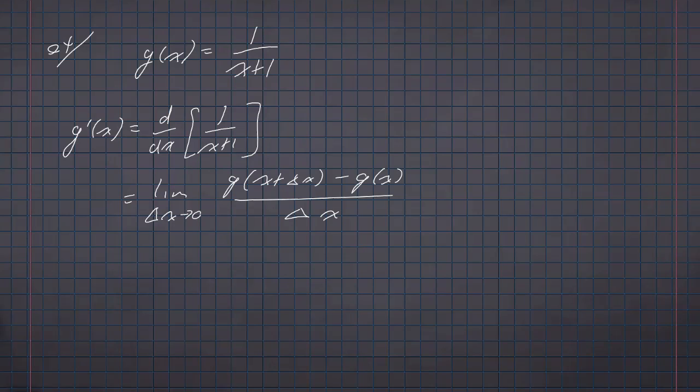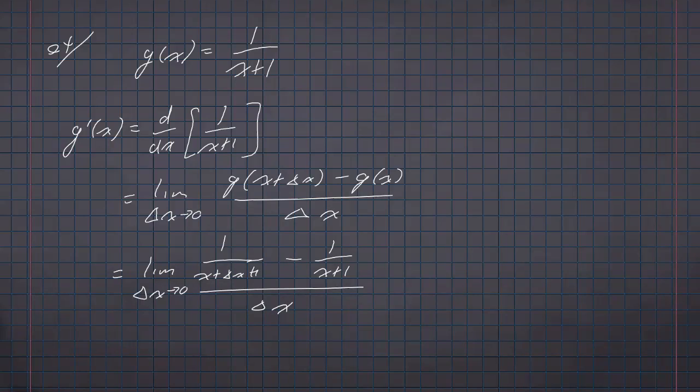And it's a little bit annoying to set up, but we can manage it. The limit as delta x goes to 0 of 1 over x plus delta x plus 1 minus 1 over x plus 1 all over delta x.